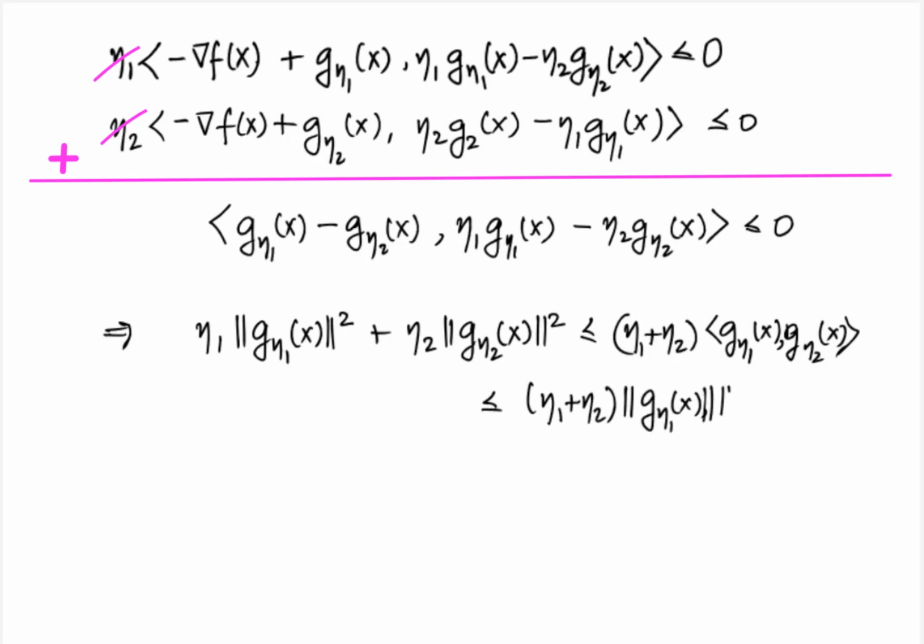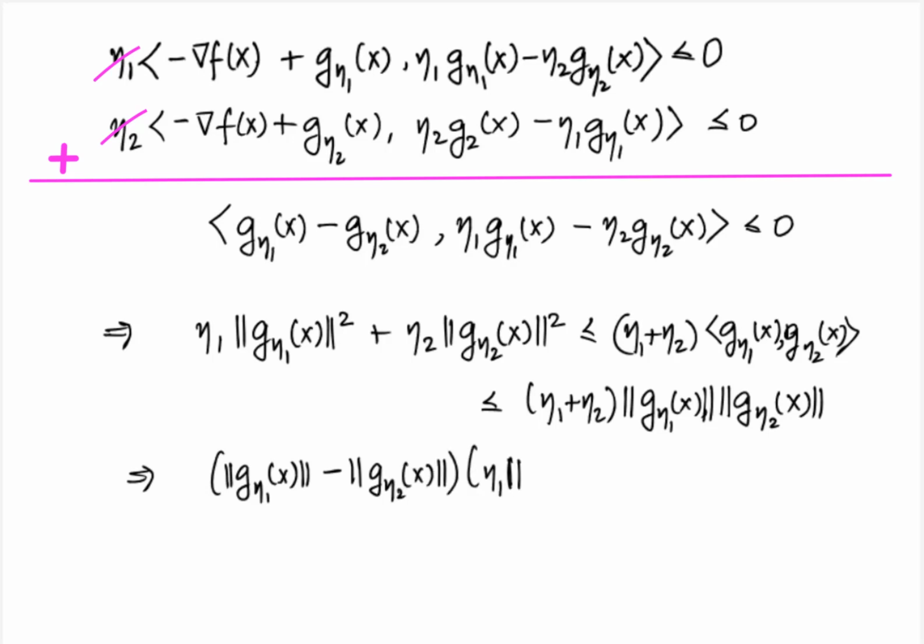So now what we can do is bring it over to the left side and then combine it back so as to get that the product of norm of g eta 1 of x minus norm of g eta 2 of x with eta 1 norm of g eta 1 of x minus eta 2 norm of g eta 2 of x is less than or equal to 0.